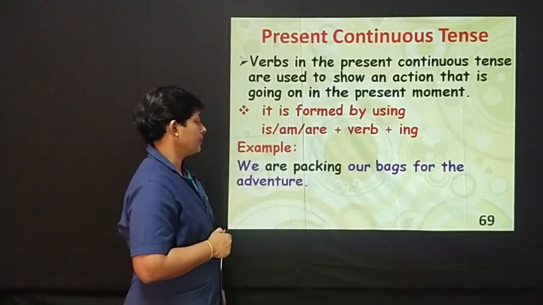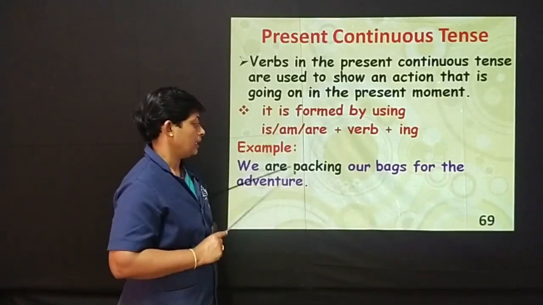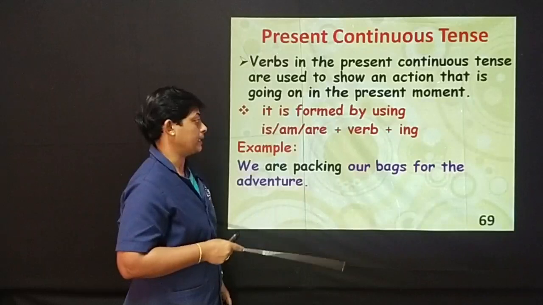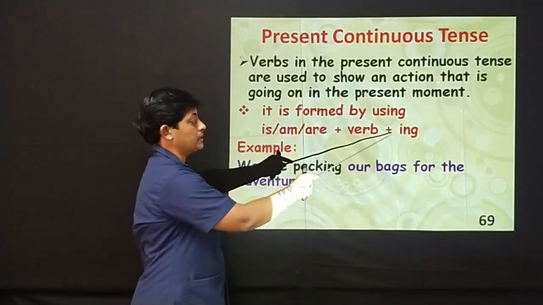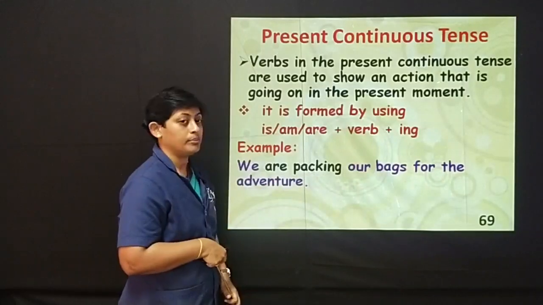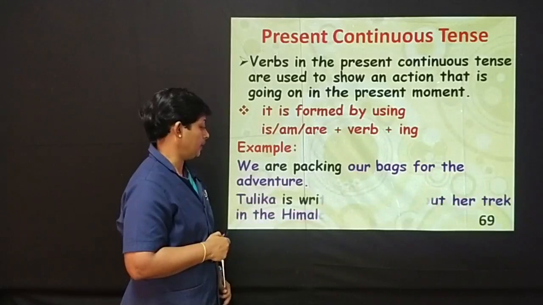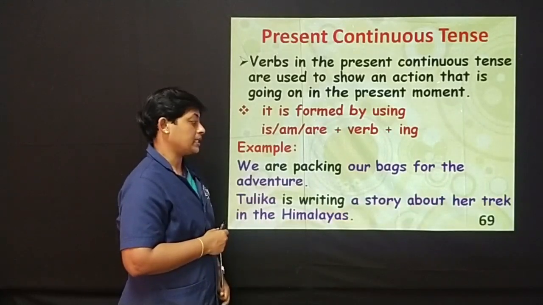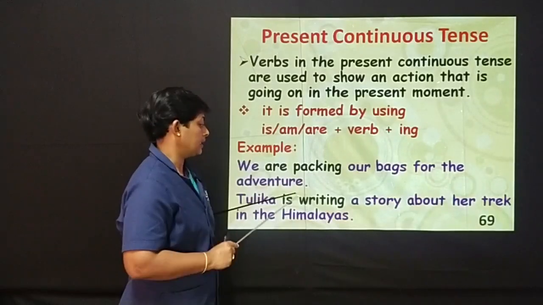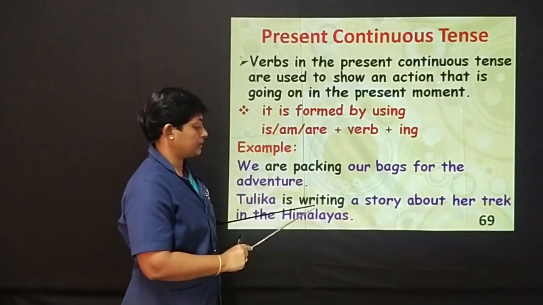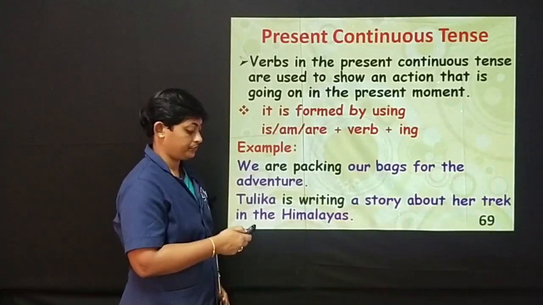For example, we are packing our bags for the adventure. Here, are packing: are plus the verb pack plus the ing form makes the present continuous tense. Another example, Tulika is writing a story about her trek in the Himalayas. Here is plus write, that is the verb, plus the ing form.